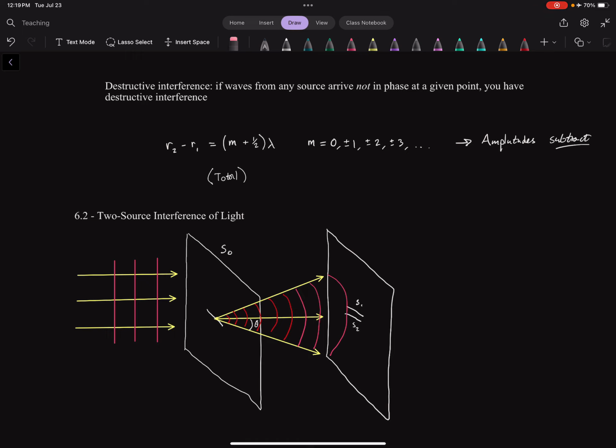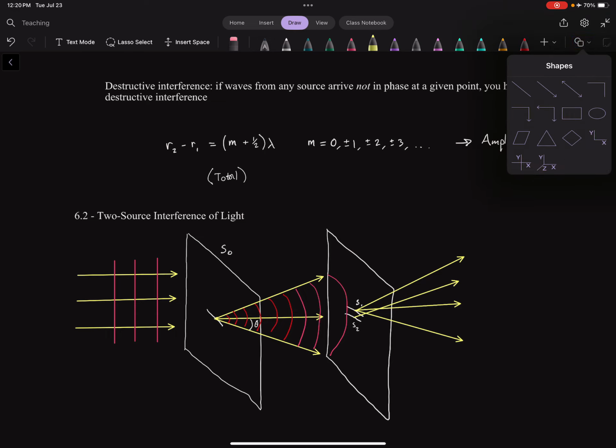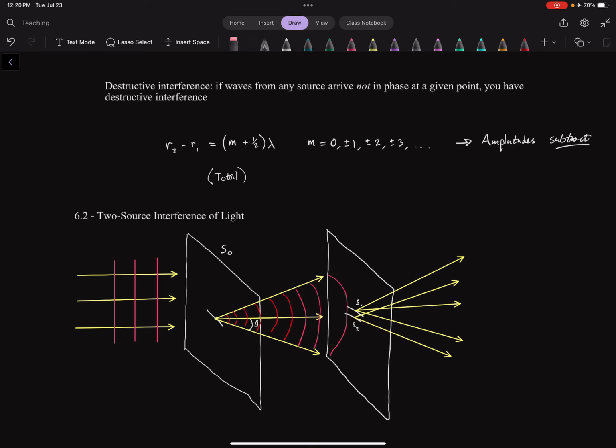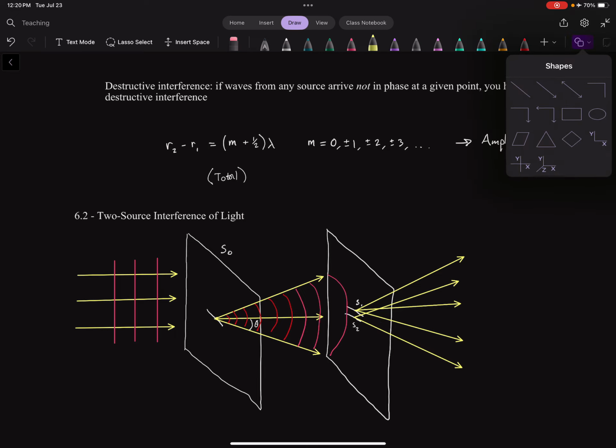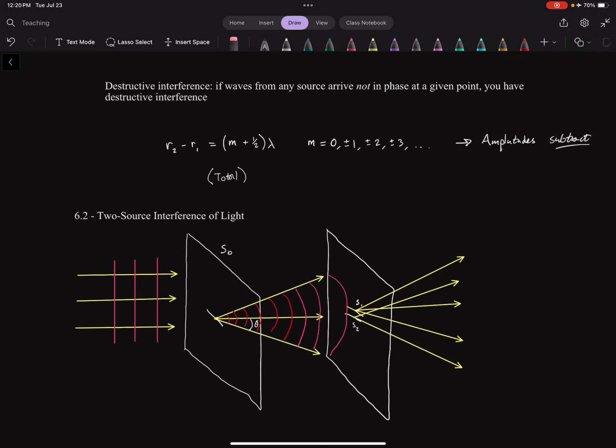And as you can guess, those two interfere with each other. So these are two sources nearby each other of monochromatic coherent light that overlap. Kind of like that.